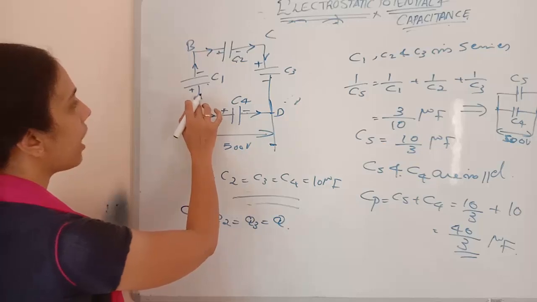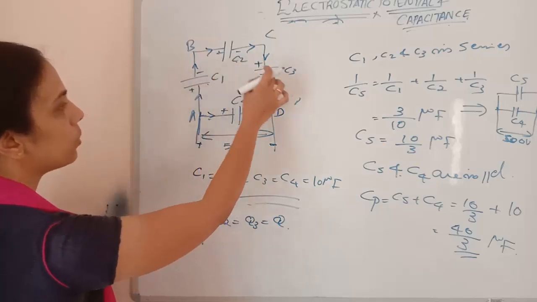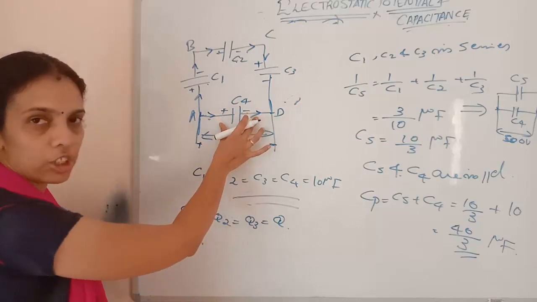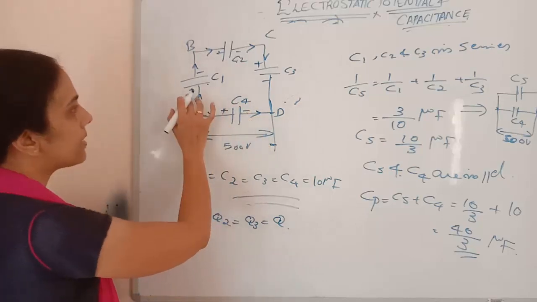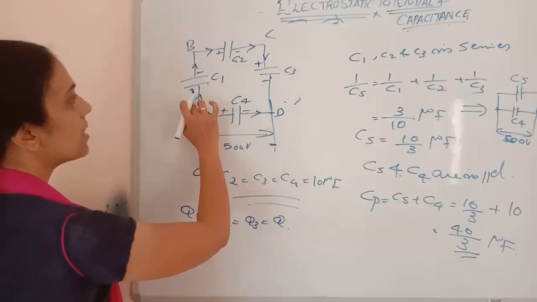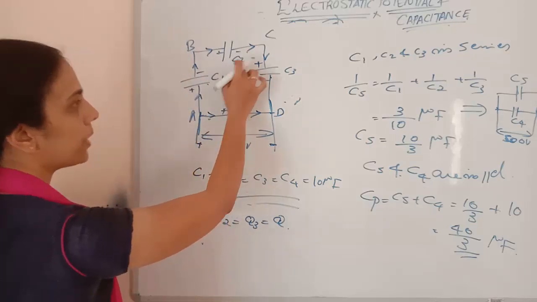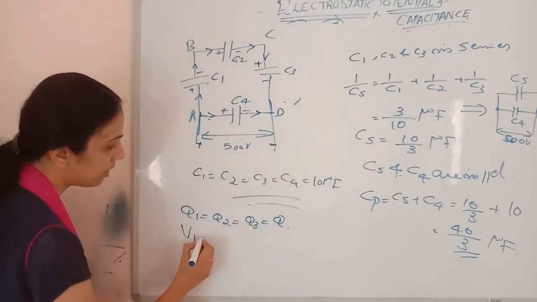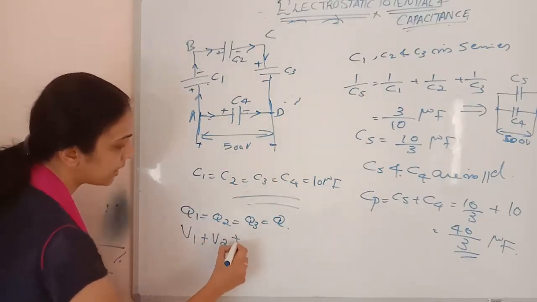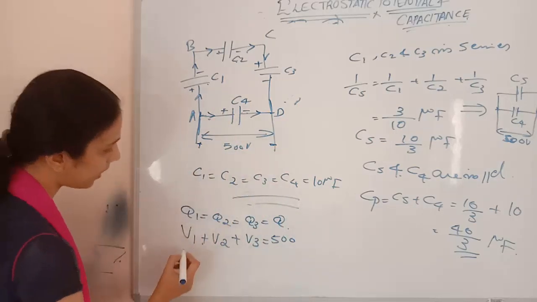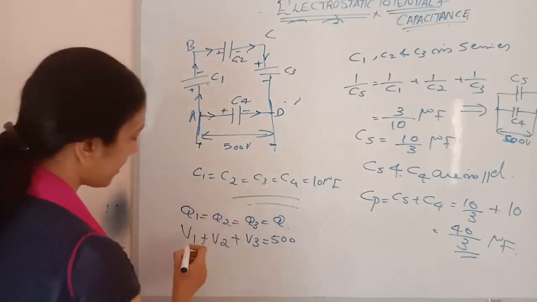The potential across the series connection of C1, C2, C3 will be equal to the potential across C4, but the same charge is flowing through this. The potential across C1 plus C2 plus C3 is equal to 500 volt. So V1 plus V2 plus V3 equals 500. So what is V1? V equals Q by C.